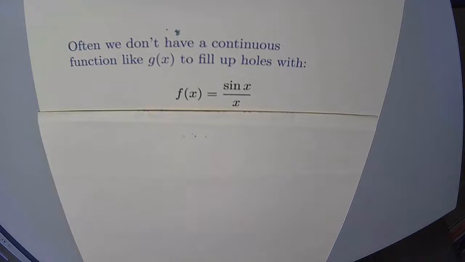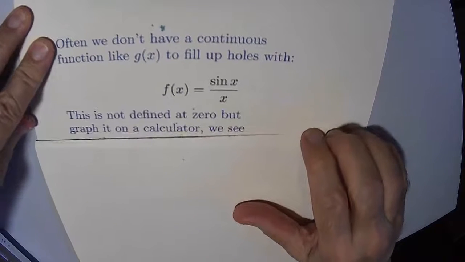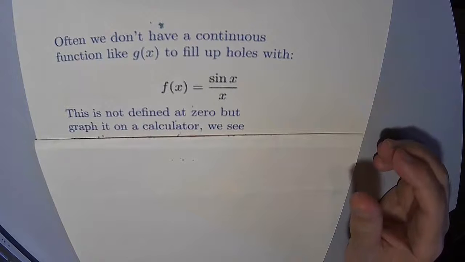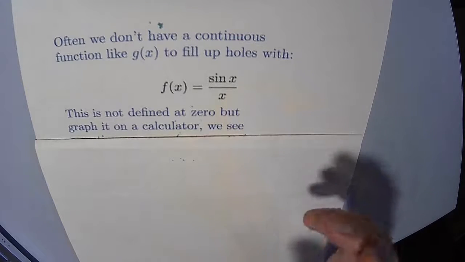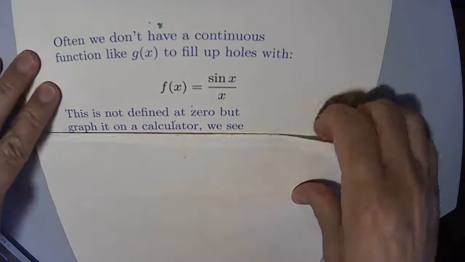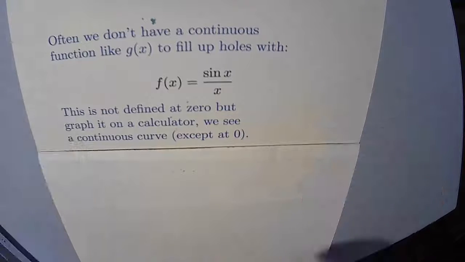But what if we don't have a nice g of x that we can get by algebraic simplification? Here's a case in point, f of x equal to sine x over x. This function is also not defined at x equal to 0 because we can't divide by 0. But what we can do is to use a graphing calculator or a computer to plot a picture of it.